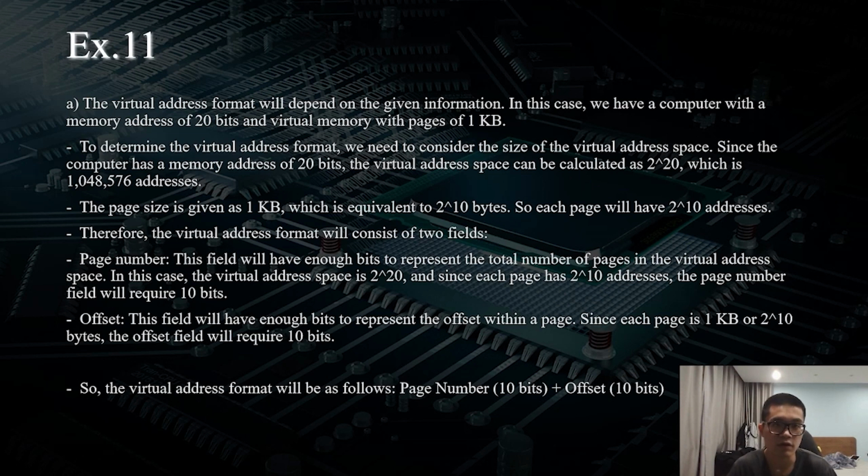Therefore, the virtual address format will consist of two fields. Page number: this field will have enough bits to represent the total number of pages in the virtual address space. In this case, the virtual address space is 2 to the 20, and since each page has 2 to the 10 addresses, the page number field will require 10 bits.